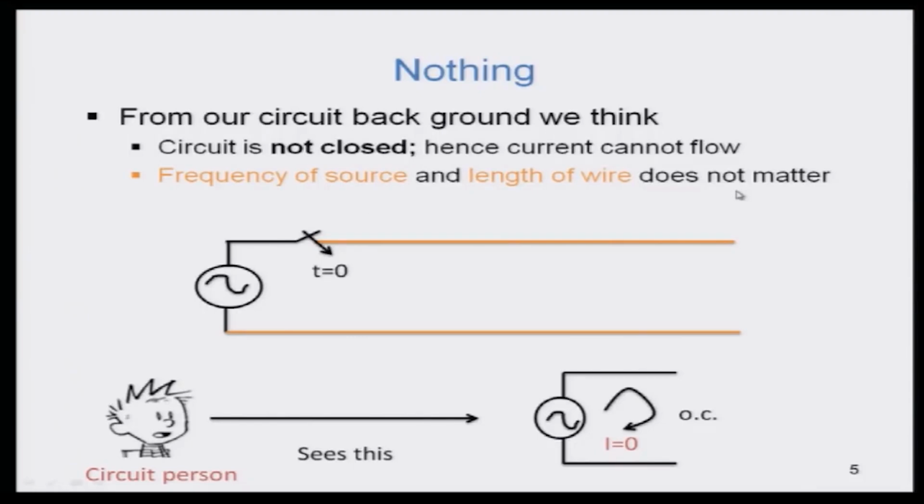So if you are a circuits person coming purely from a circuit background and not knowing anything about electromagnetic field theory, you might see this physical situation, in which I have a voltage source, a switch closing at t equal to 0 and a pair of wires, like this. The important point to note is that in the circuit model of this physical scenario, the length of the wire and the frequency of the source do not matter.